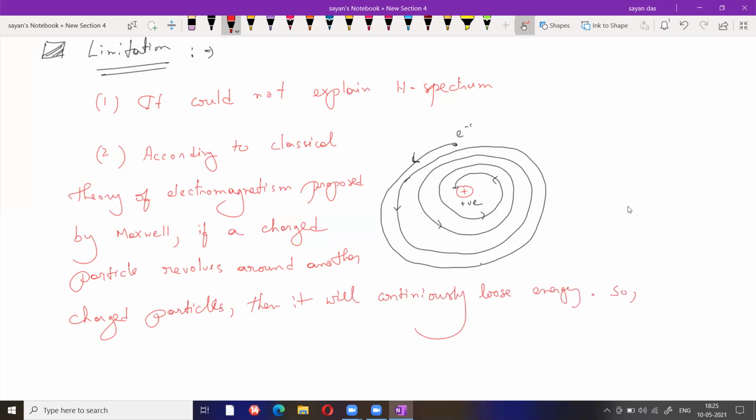So the path of the electron around the nucleus becomes a spiral.